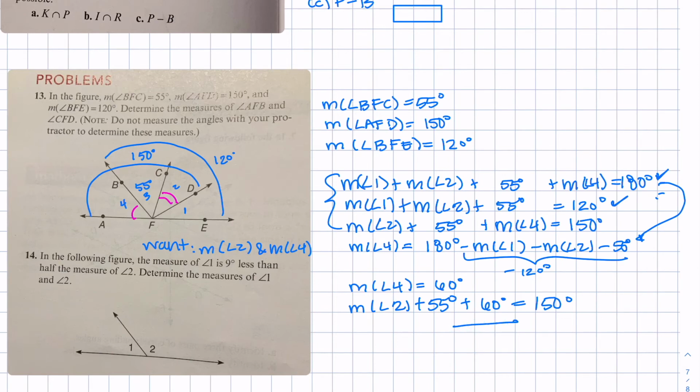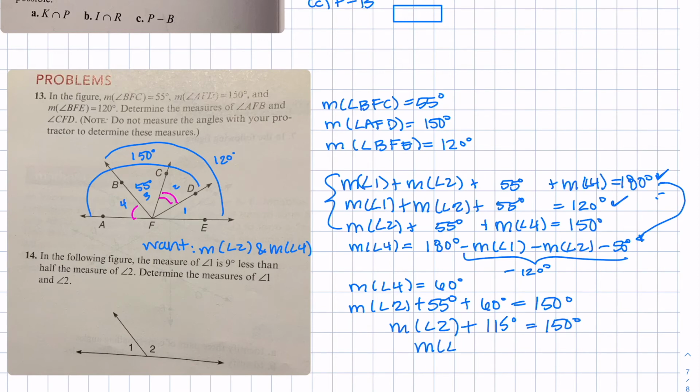So let's rewrite this: the measure of angle 2 plus 55 plus 60, oops, sorry, this is plus 115, I think, is equal to 150.